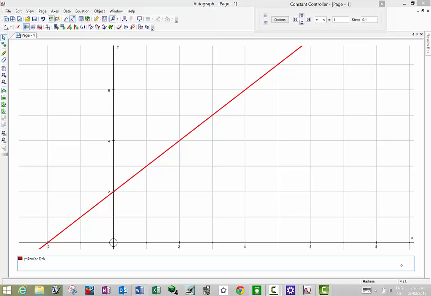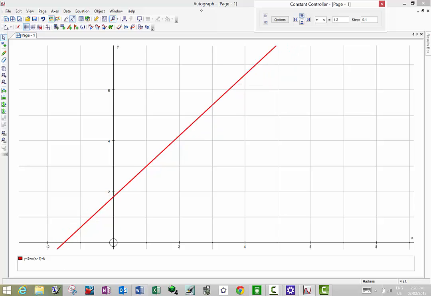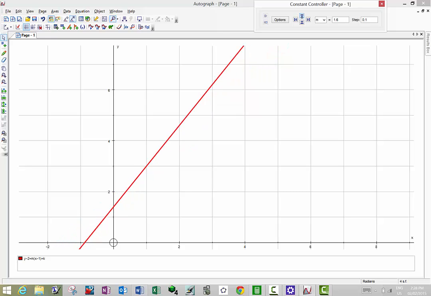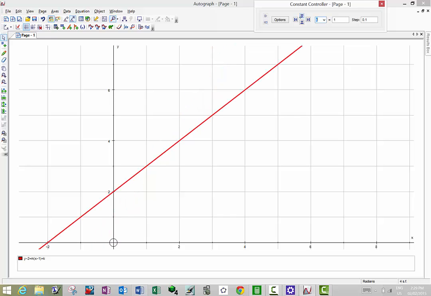If we change the slope, then the line tilts. Changing the slope obviously affects the tilt of the line. Not only can we change the slope, but we can also change where the line sits on the grid.